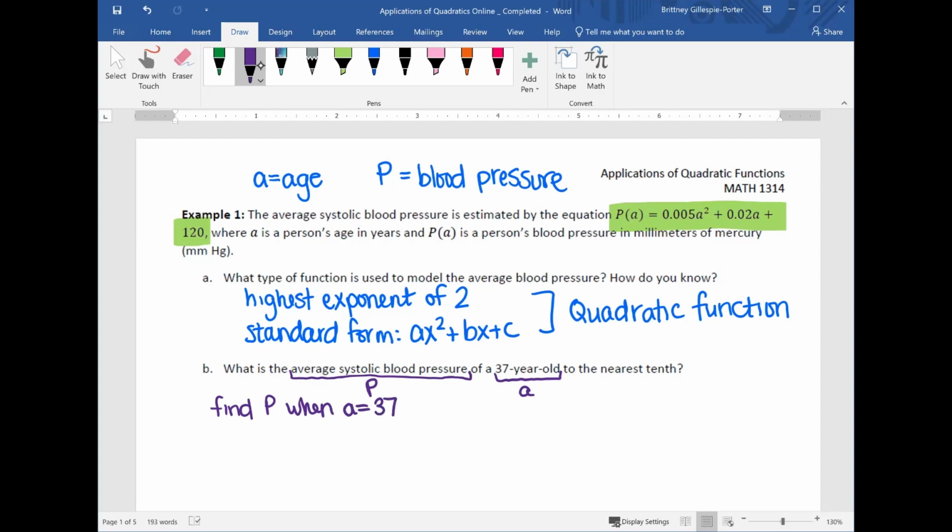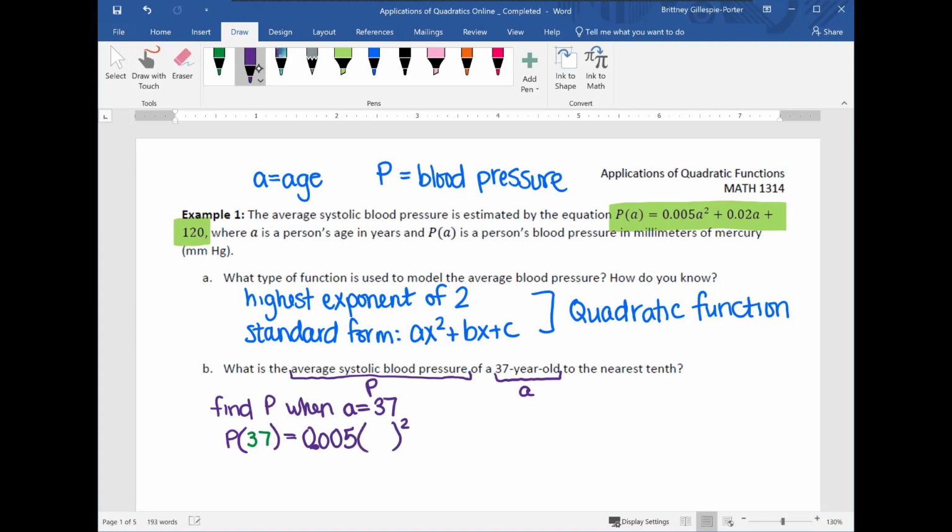So we have our function, P of A. Now we need to find P of 37. Every time we see an A, we are going to plug in the 37.